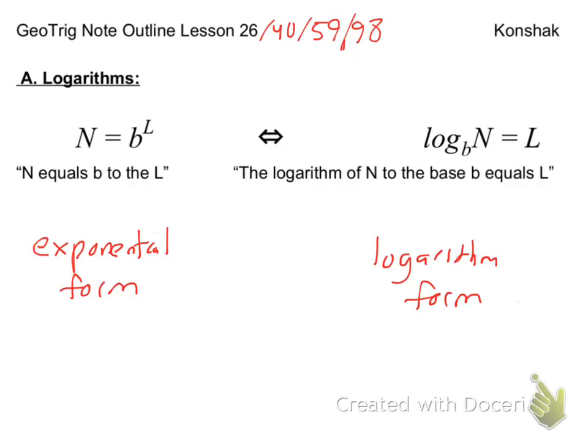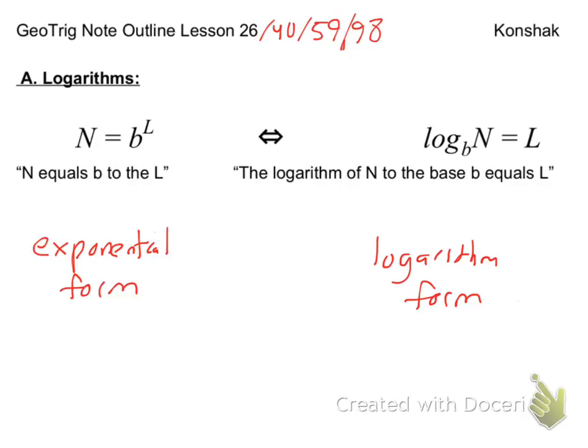And so, notice that the base of our exponent and the base of our log are both b. B for base. But what changes is that you take n, which was our answer from the exponent, so we're taking log base b of n, is equal to L, and L was our exponent.